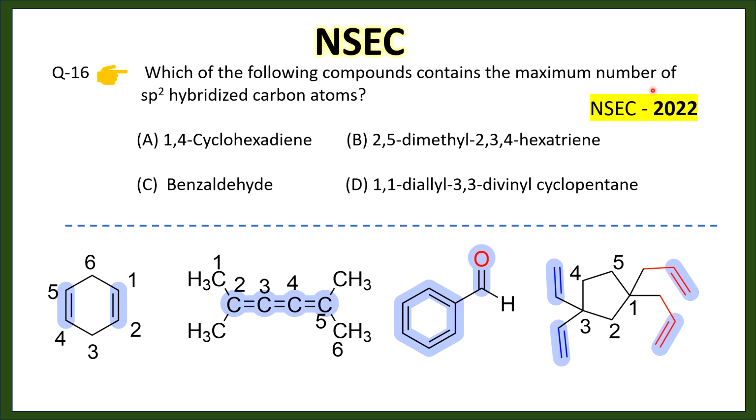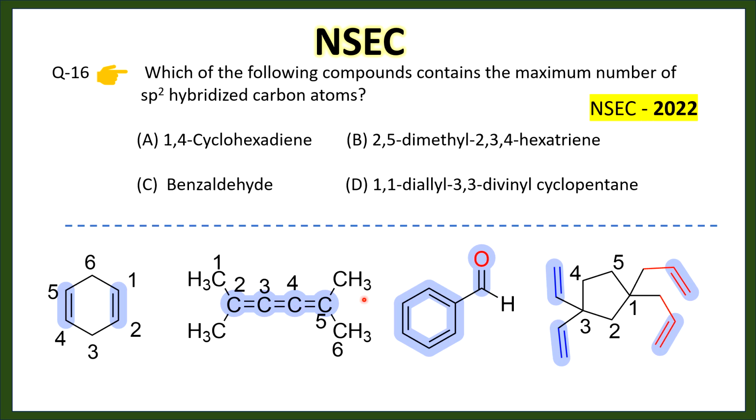Now the question is the maximum number of sp2 hybridized carbon atoms. If there is one double bond, then it has two sp2 carbons. So in this case, two double bonds means 4 sp2 carbons. In this case you could see that 3 double bonds are there, means 1, 2, 3, 4 carbons, but the last two are sp2, and the middle two are sp.